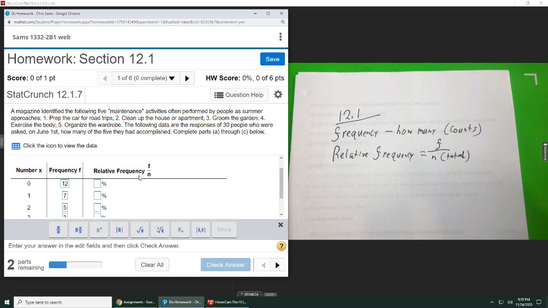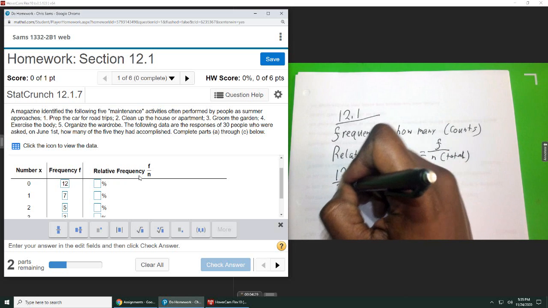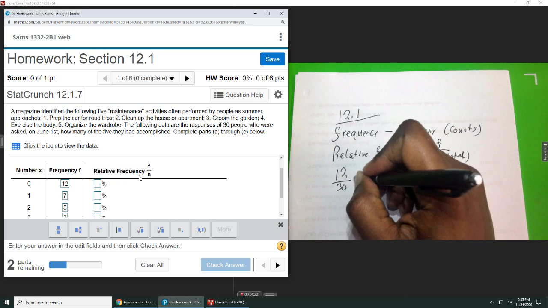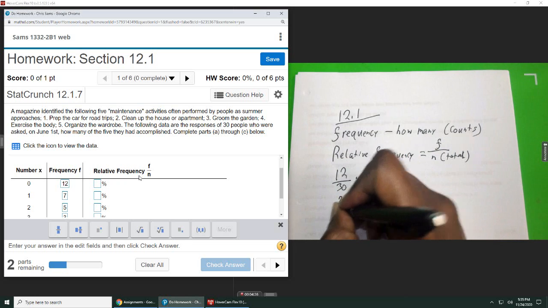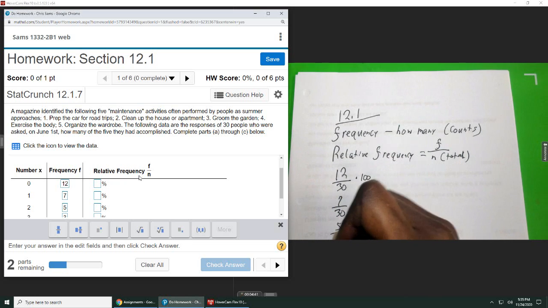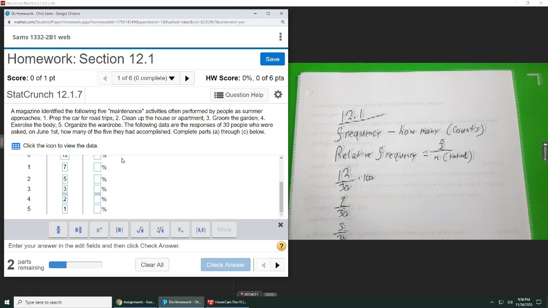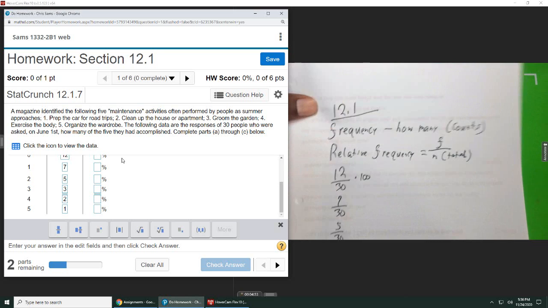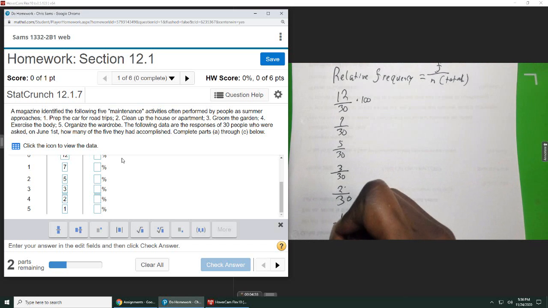So the first one would be 12 over 30. That will give you a decimal, then you've got to multiply times 100 to convert it to a percentage. And then 7 over 30, because we know we have 30 altogether. And then 5 over 30. And then 3 over 30, 2 over 30, and 1 over 30.